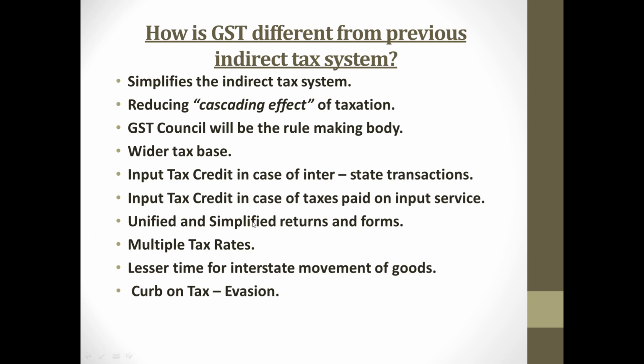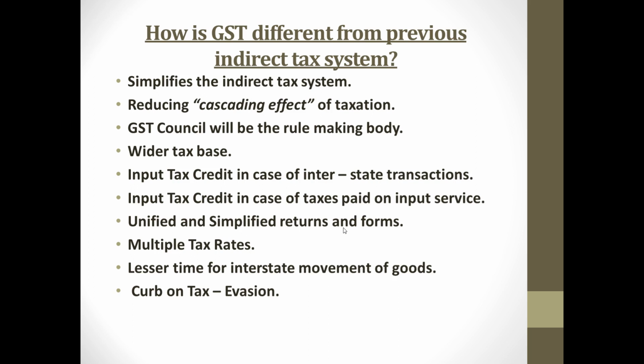Next is unified and simplified returns and forms. As we have already discussed, under the old regime there were as many acts and regulations as there were states. So there were different sets of rules, regulations, returns and forms for every state.